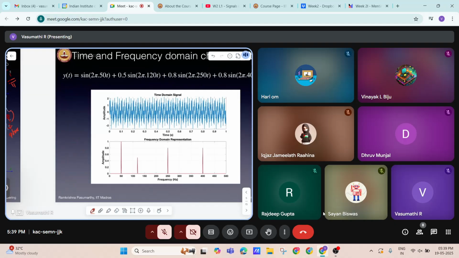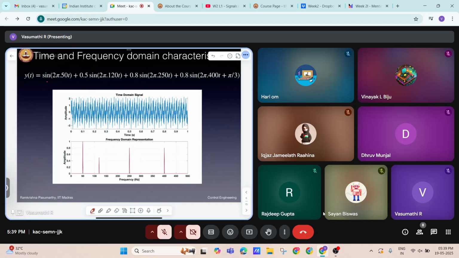These are some examples, with sine magnitude 0.5, you can see here, and this comes under 120. So this is how you represent a signal. An added signal is basically you just adding all the magnitudes in time and frequency.